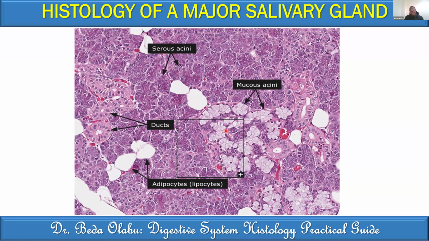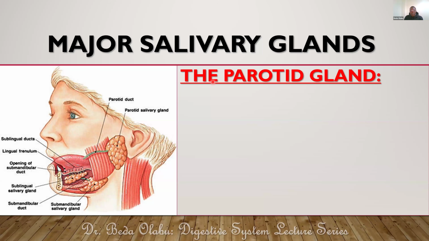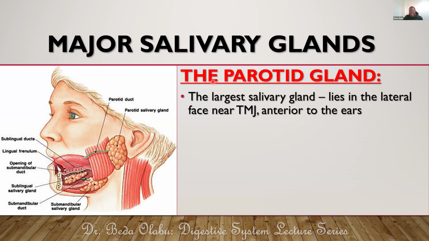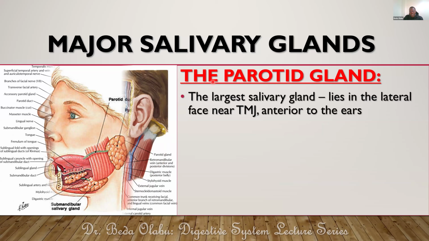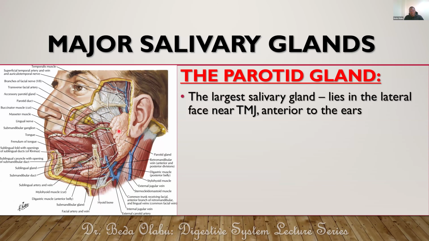I've told you that the distinction between parotid, submandibular, and sublingual will rely largely on the amount of serous acini and mucus acini that we see. Let's say something about each of them that we'd already mentioned in the gross lectures. So for parotid gland, the largest gland, remember it lies lateral to the face, anterior to the temporomandibular joint and anterior to the ear. This is the parotid gland.